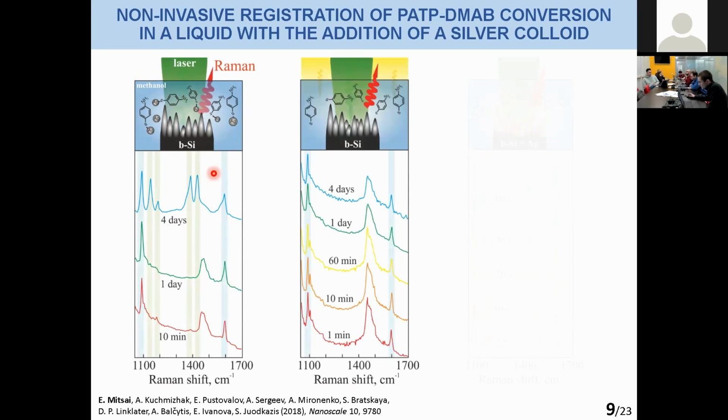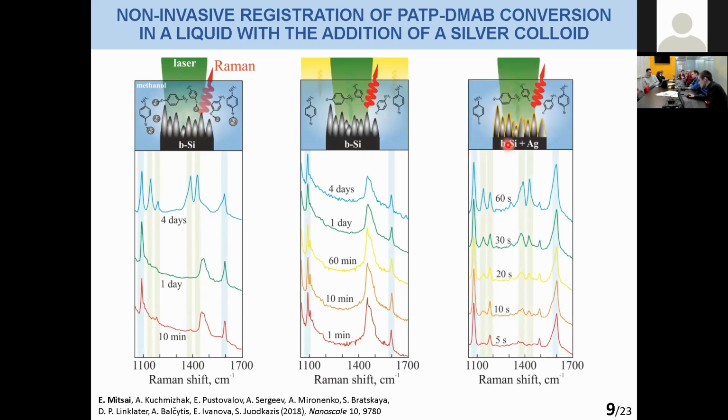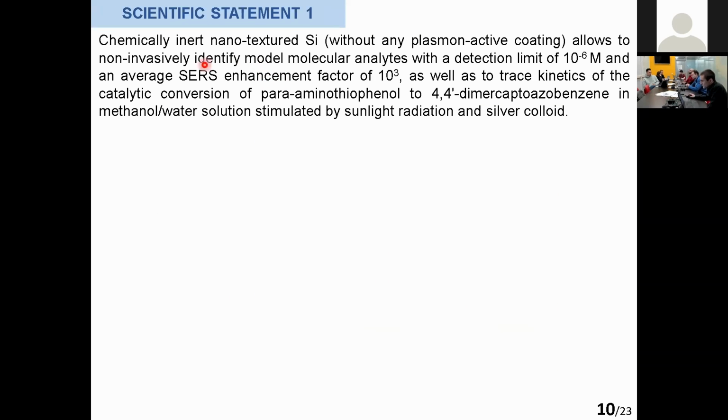Similar measurements on the surface without silver nanoparticles demonstrate no conversion, only PATP bands, and measurement on a metallized surface demonstrates quick conversion of PATP molecules in the near surface layer, and this substrate becomes insensitive to the actual changes in the solution. So using a black silicon surface with the addition of silver nanoparticles allows us to trace the chemical reactions occurring in liquids.